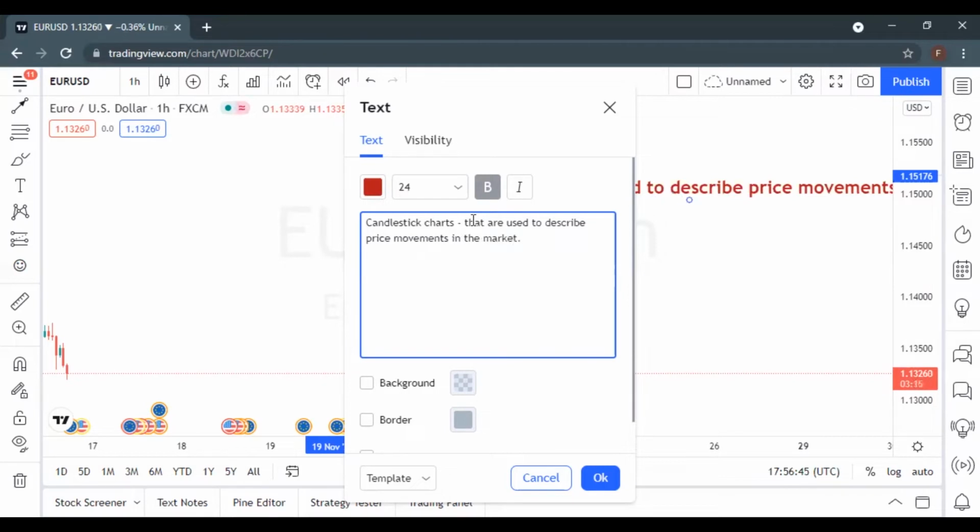So the candlesticks are very important because they are used to describe price movement in the market.